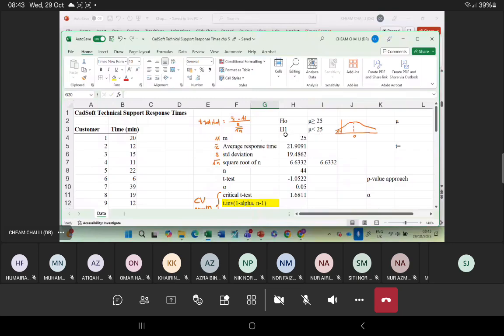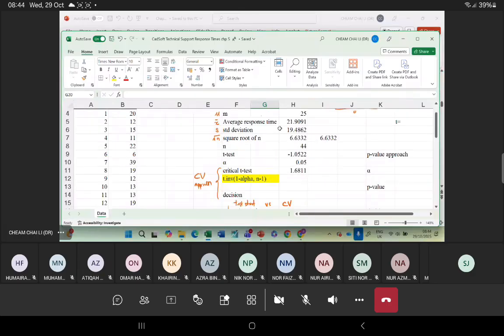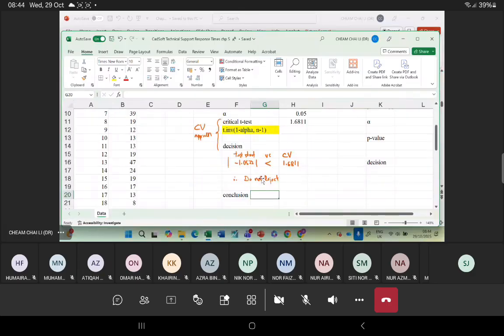Because of this, the average response time mu is greater than or equal to 25 minutes, or the average response time is at least 25 minutes. Sebab kita tak ada bukti yang cukup untuk menyatakan the average response time is less than 25 minutes.